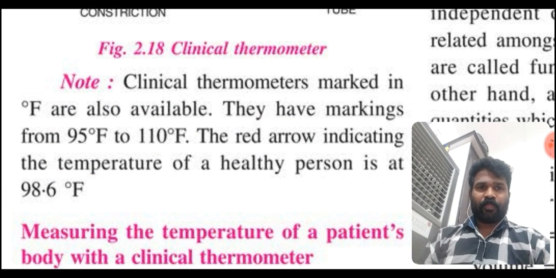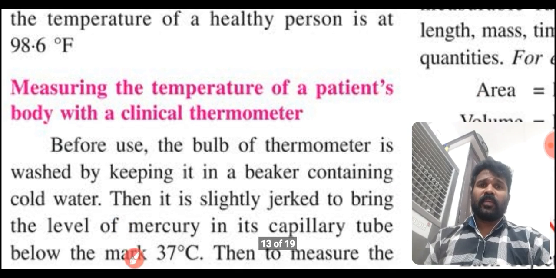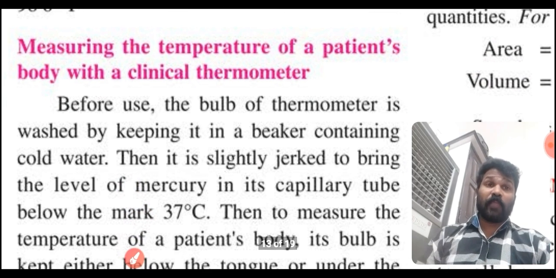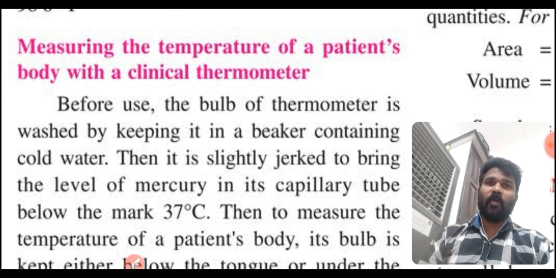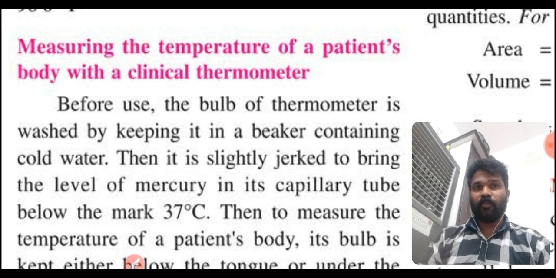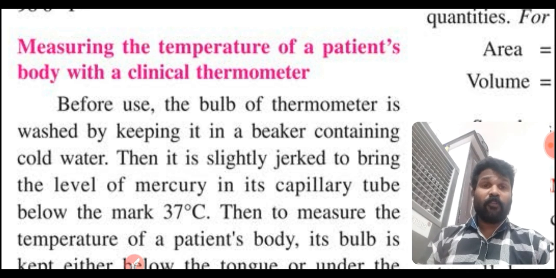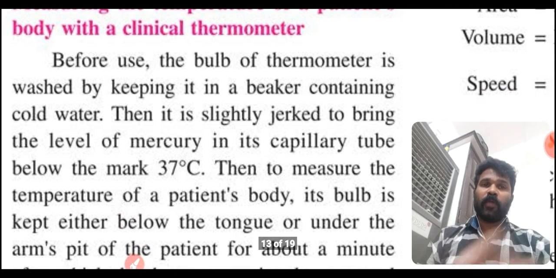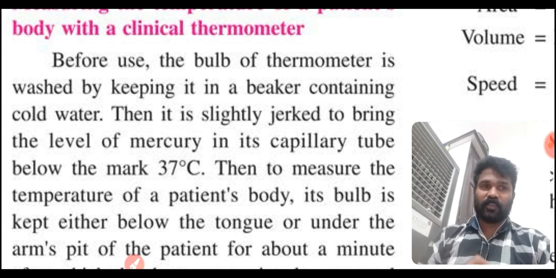Okay. Now we are going to discuss measuring the temperature of a patient's body with a clinical thermometer. What are the steps we have to follow? Before use, the bulb of the thermometer is washed.